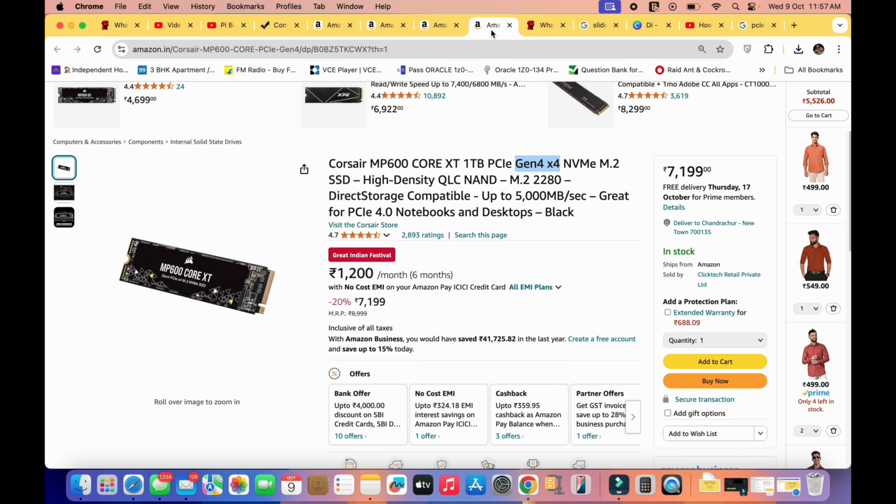Then again I have selected a PCIe Gen 4 card, but here you can see that x4 is mentioned, and this card states 5000 megabytes per second, which is 5 gigabytes per second. So this is the fastest SSD card.